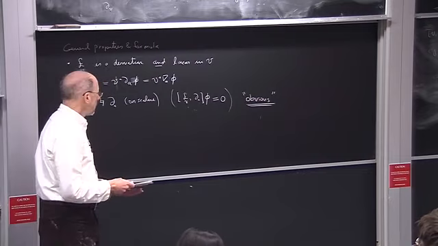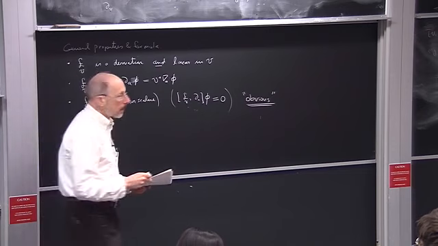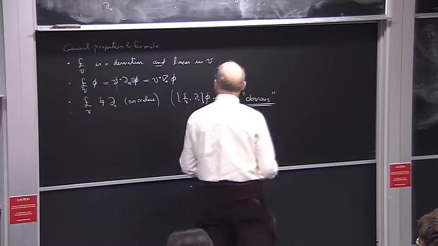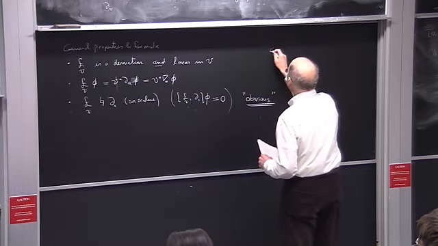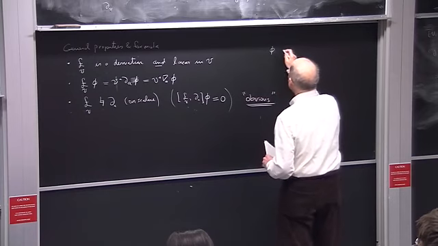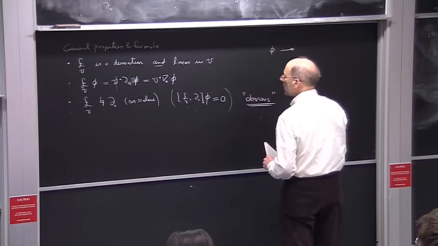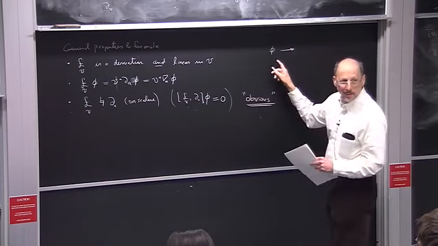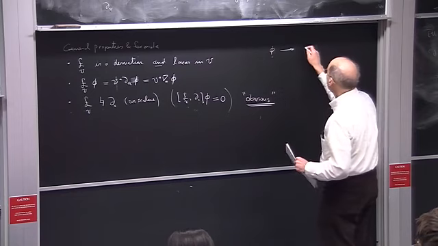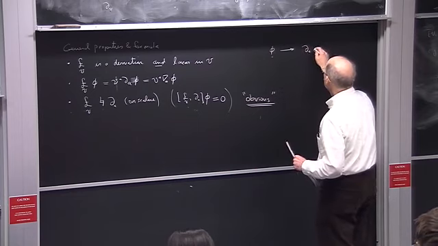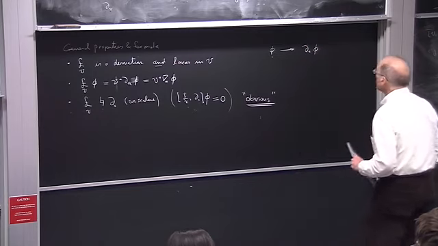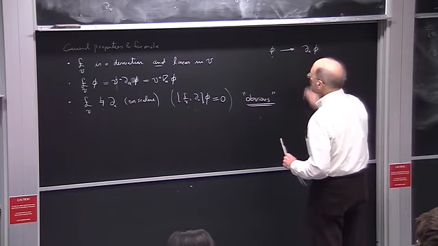So how can I make it seem obvious? The point is that, imagine taking a scalar field and taking its gradient.